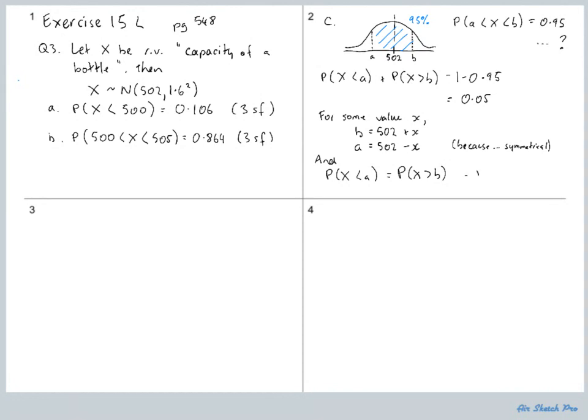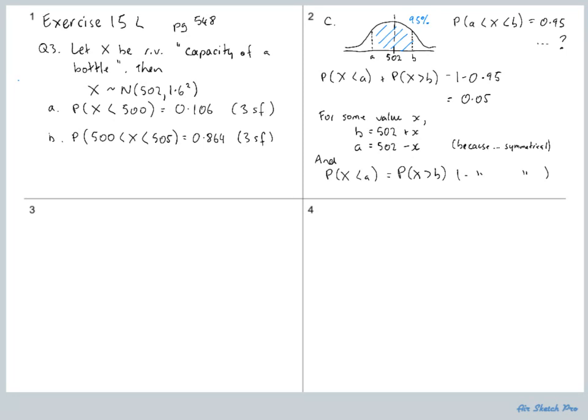Same reason, because they're symmetrical. Okay, good so far? So they're the same value. The probability of x less than A is the same as the probability of x greater than B. Okay, let's put it all together then. So we're going to use those facts and put them all together.